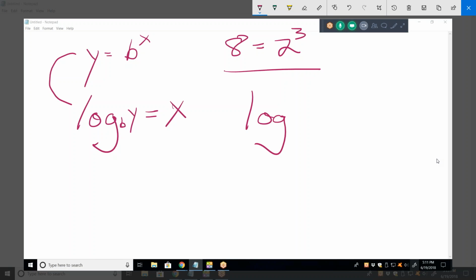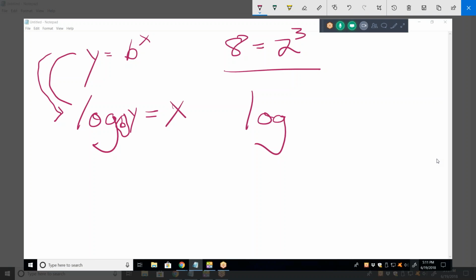Would it be log y or y log b? Put it in terms of the numbers that I've written: 8, 2, and 3. Then would it be 8 log? Hold on. What you're doing is going from this format to this format. So, what's b?